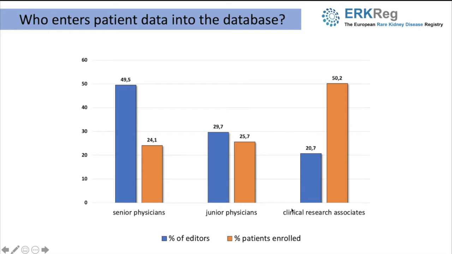So I think this group is really very important, and I'm not even sure whether in some centers the senior physician has just given his user ID and password to a research nurse and she is acting on his or her behalf. So maybe here there are more research nurses and coordinators hidden.